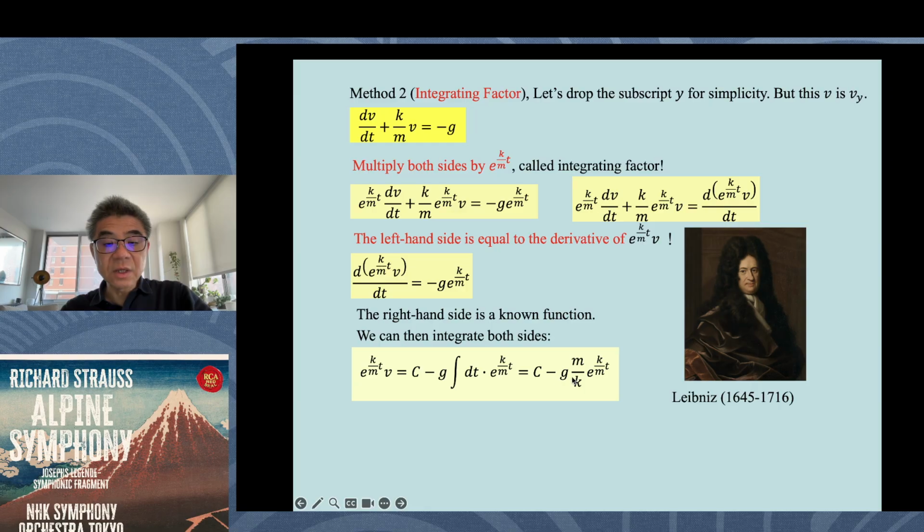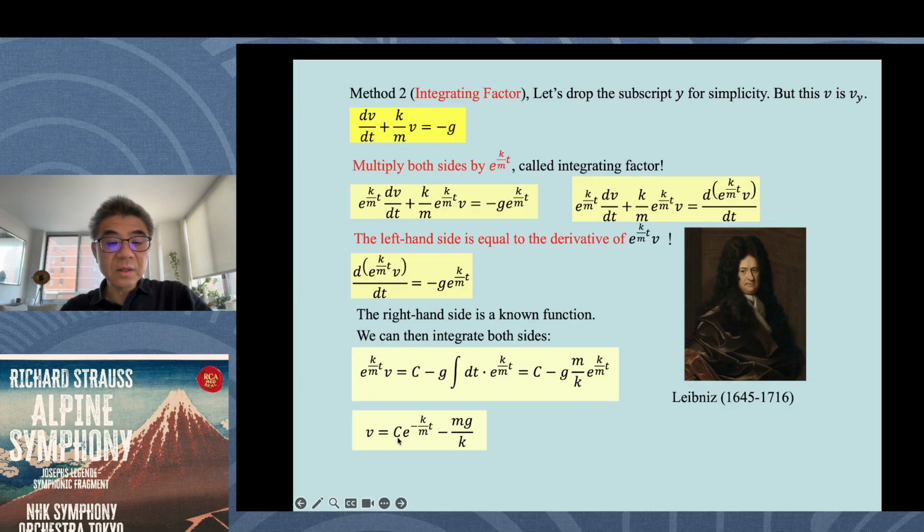The answer is m over k times exponential k over m times t. We are almost done, because here we have an ordinary equation. v will appear right away if you move this exponential factor to the right-hand side.